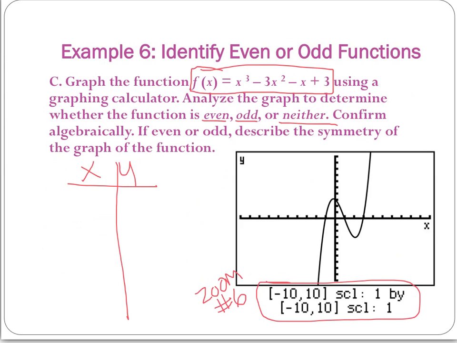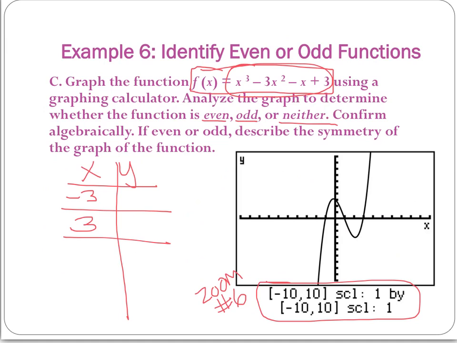I am going to pick some pairs of x values that are opposites, particularly -3 and +3, and I'm going to plug those values into the function and determine what my y coordinate is.